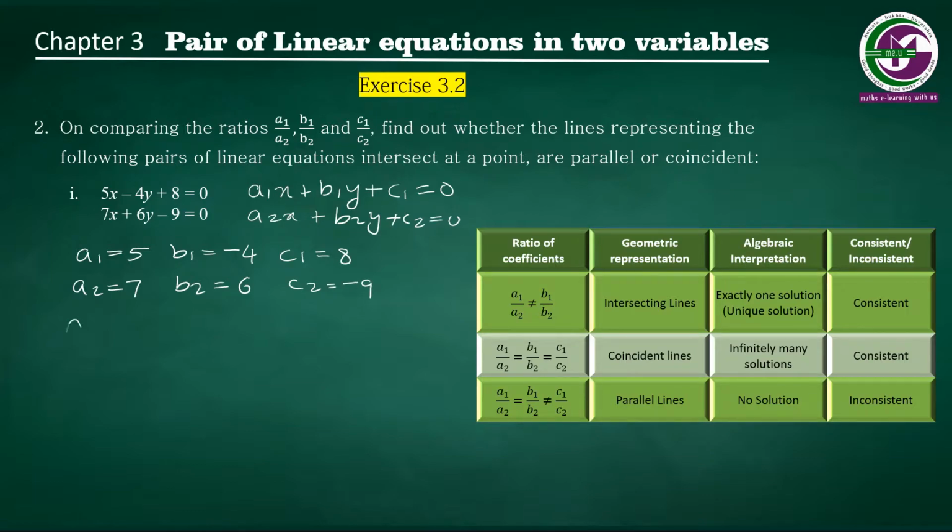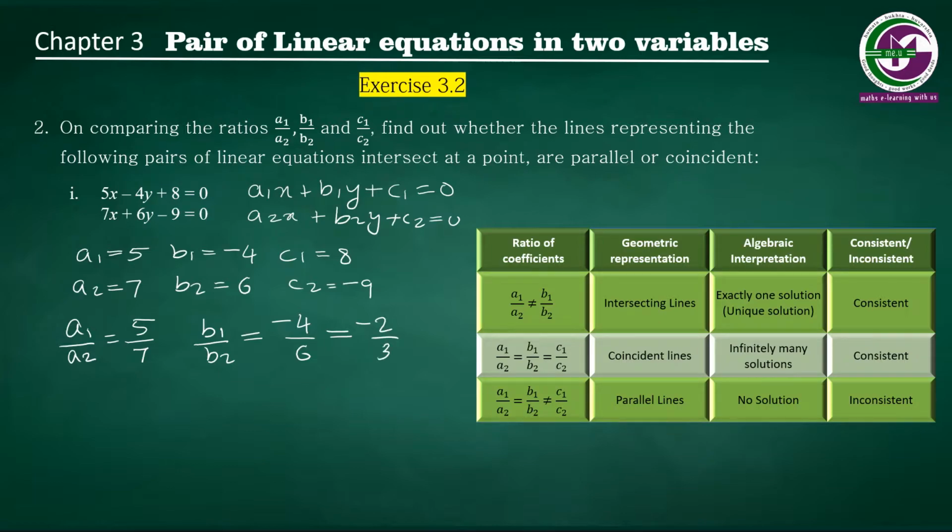Now we can find the ratios. a1 by a2 equals 5 by 7. We cannot simplify this further. Now b1 by b2 equals minus 4 by 6, so it can be simplified as minus 2 by 3.